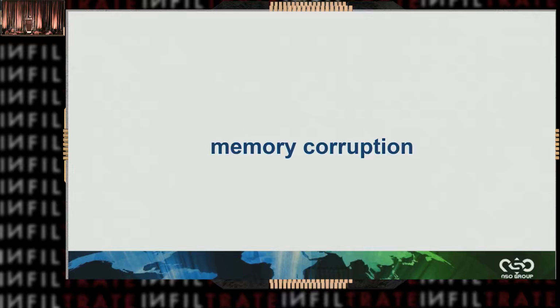Stack cookies have largely neutered the exploitability of stack-based memory corruptions, so most modern memory corruption vulns are in objects and buffers that are on the heap, as opposed to the stack. In addition to these heap-based memory corruption vulnerabilities, we also have use after free vulnerabilities. This class of bugs is all about heap objects coupled with bad memory management practices. Together, these two classes make up a very large portion of the exploitable bugs that we find in modern software.